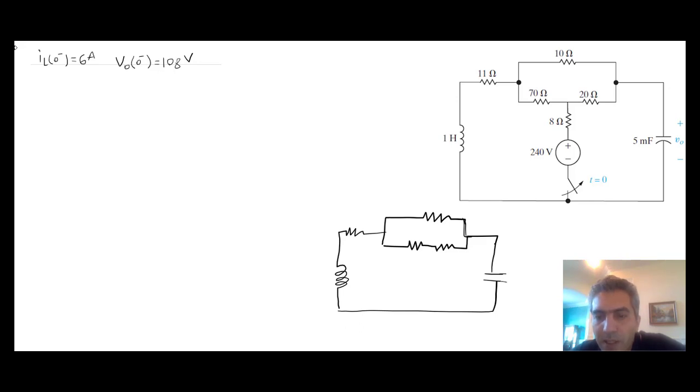So let's put values. This is your 5 millifarad, this is your 20 ohm, this is your 70 ohm, this is the 10 ohm, the 11 ohm, and finally the 1 Henry.